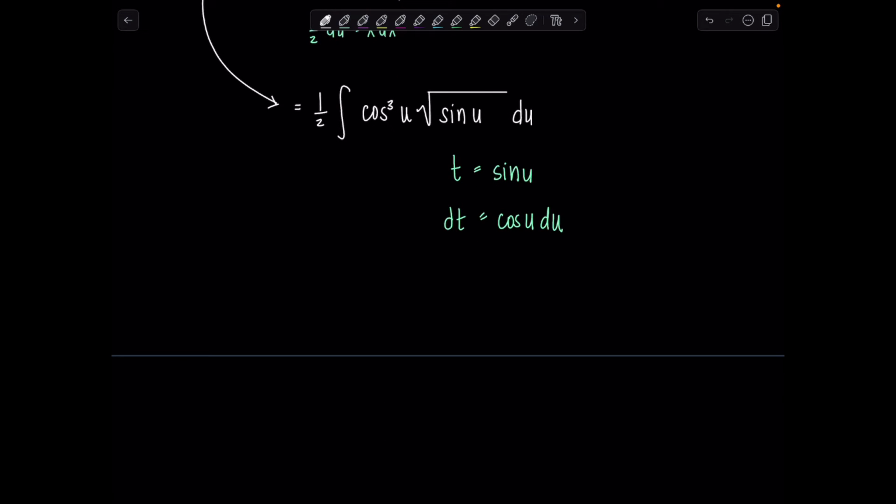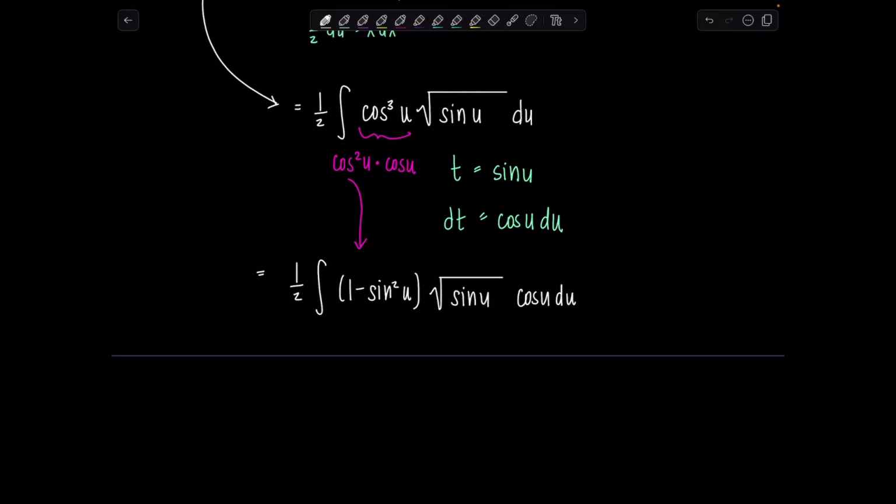So before I make my substitution, let me go ahead, rewrite the integrand so we're ready to roll. So this cosine cubed u, remember that's cosine squared u times cosine u. And the cosine squared u I'm going to rewrite as 1 minus sine squared u. Then I have rad sine u, and then don't worry, that 1 extra cosine u, I'm going to put it at the end with du.